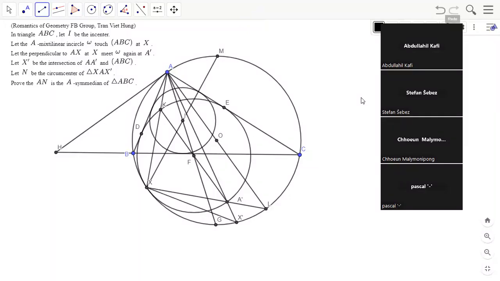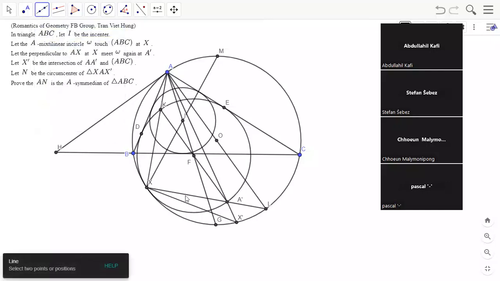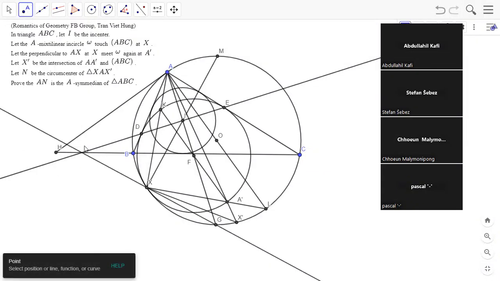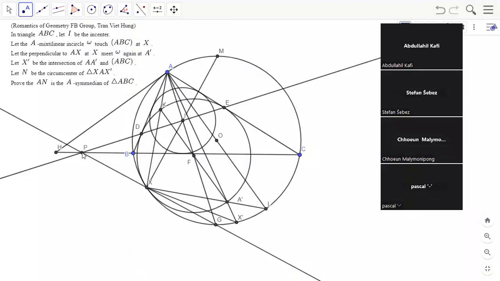So one thing that may be useful here is that GX and ED are concurrent on BC. That is well known.